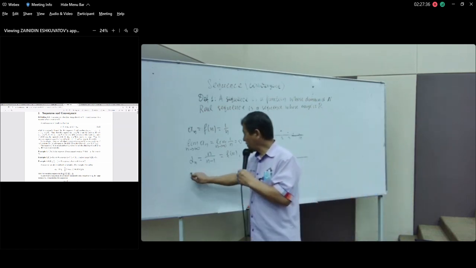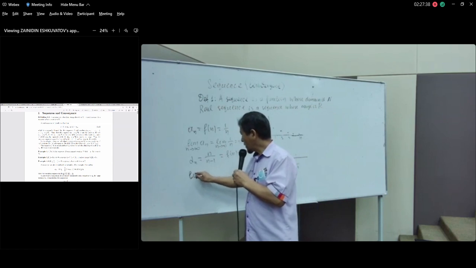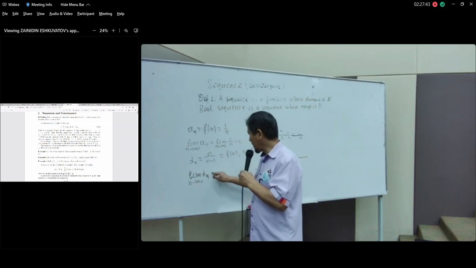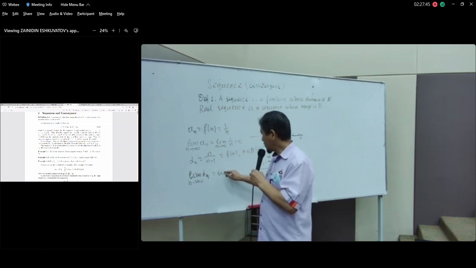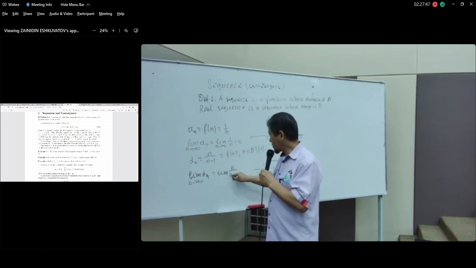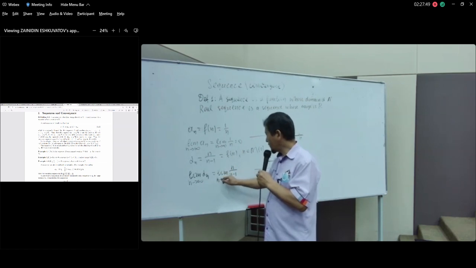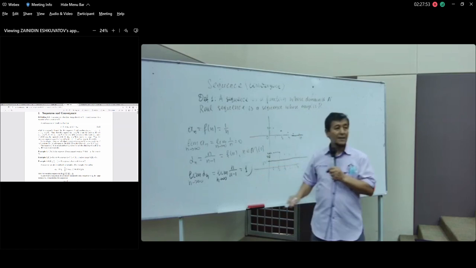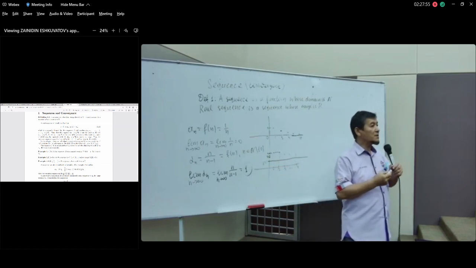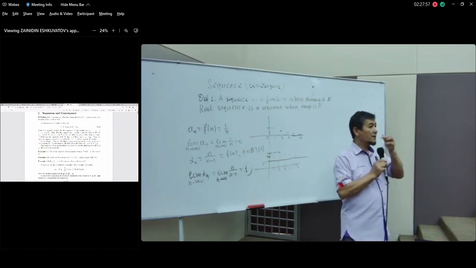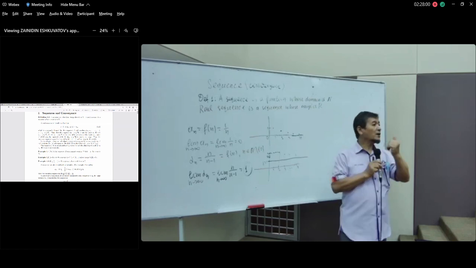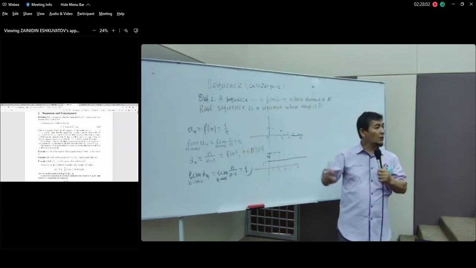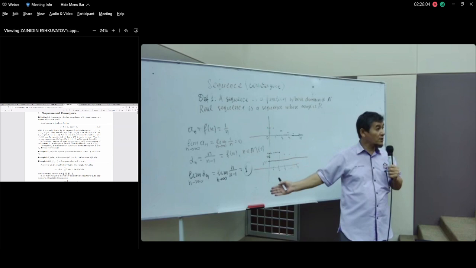That's why the limit of alpha_n as n tends to infinity, n over n minus 1, tends to 1. So 1 is the limit of this sequence. We are talking about convergent sequences, and just now we have seen two sequences that are convergent.